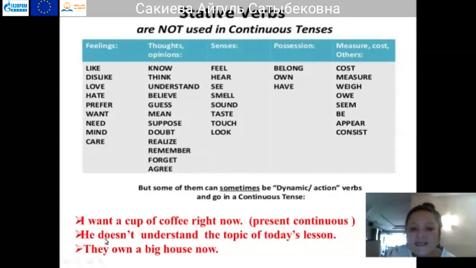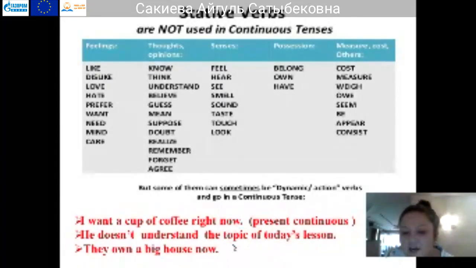He doesn't understand the topic of today's lesson. He doesn't understand. So this is repeated or permanent action or temporary action. What kind of action is it? Permanent or temporary?